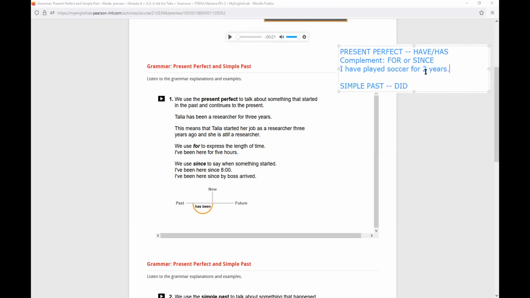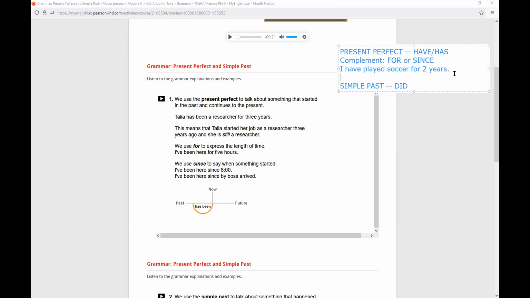In my complement, I am using this for in order to show the time. ¿Cuál es la diferencia con este for y el since? For we are going to use to express the length of time. Okay, for example, I have been here for 5 years, for example. Yo he jugado fútbol por 2 años, que nos dice acá. Y nos muestra, no un tiempo, se podría decir como que exacto, 2 años.